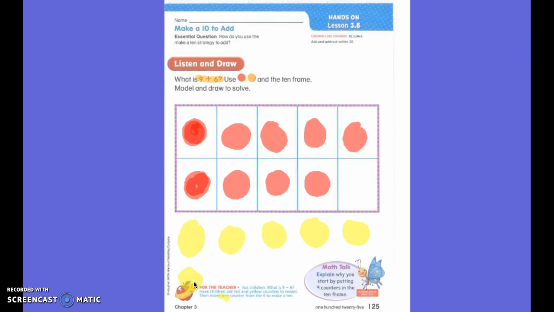But did I fill up my 10 frame? No. I did not. So I cannot say 10 and then 6. That is not right. So I want to take one of these from here and put it there to fill up my 10 frame. Okay?